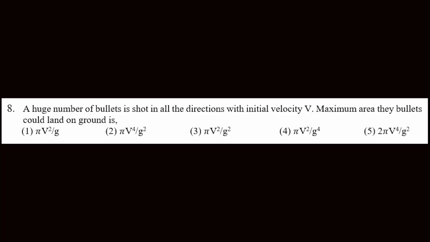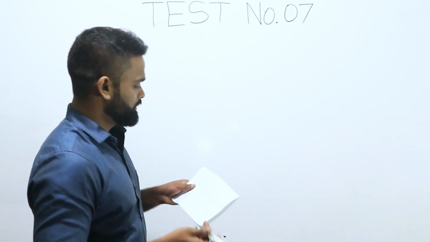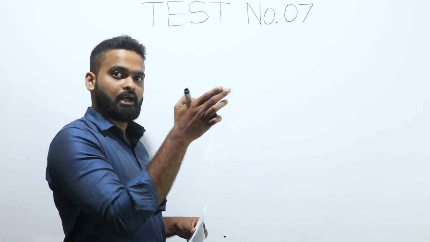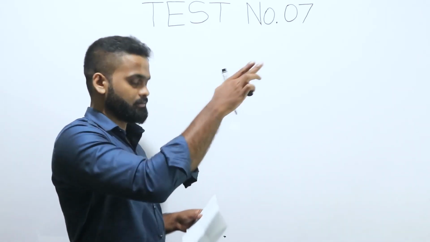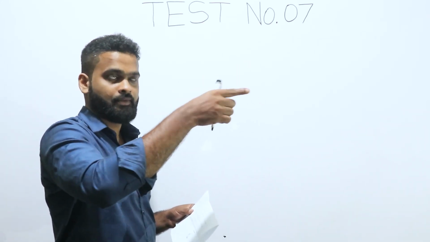Eighth question. A huge number of bullets is shot in all directions with initial velocity v. The maximum area that a bullet could land on the ground is... Okay. So they have a gun, so the bullets would have projectile motions.